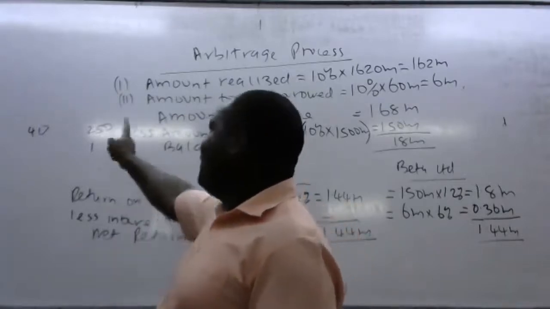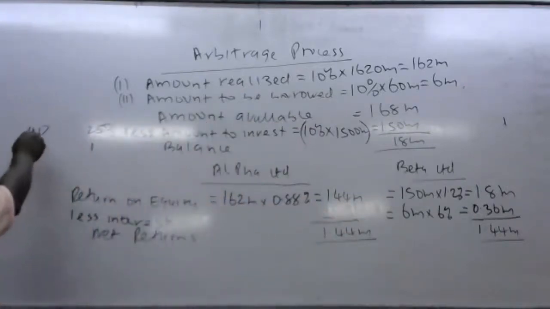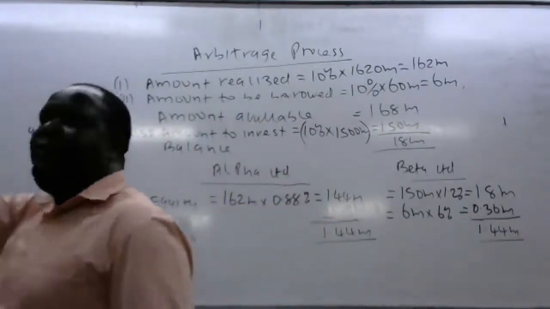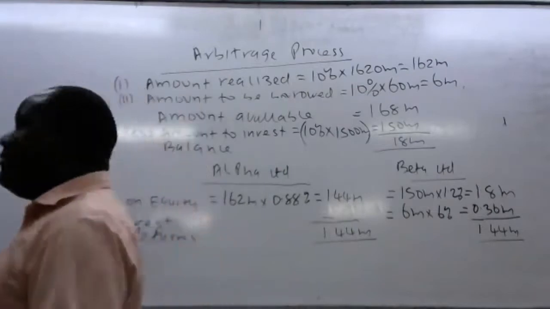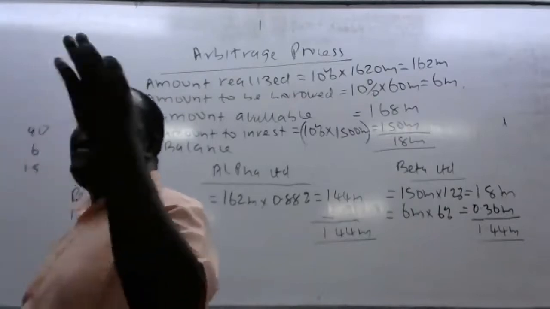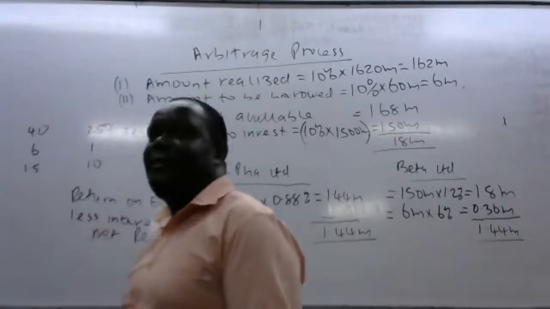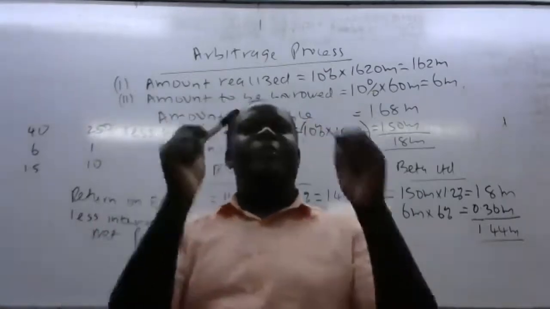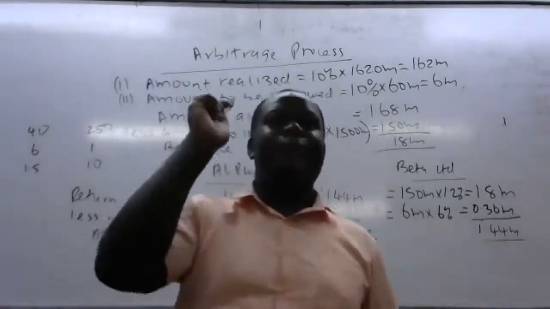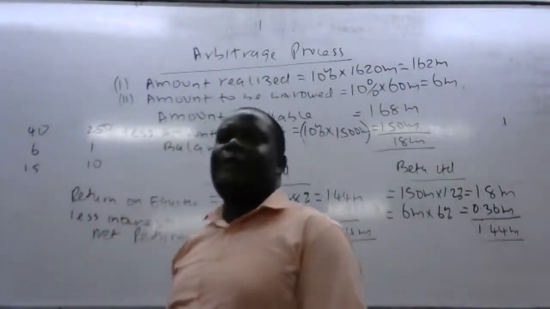When you take 250 divided by 40, it will give you 6. So dividend per share in Safaricom will be 1.5 shillings. Dividend in Kenya Breweries is 10 shillings. So total dividend finally will be the same. There you will take 6 multiplied by 1.5. How much will it come to?